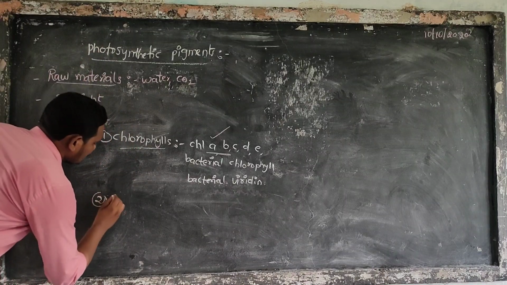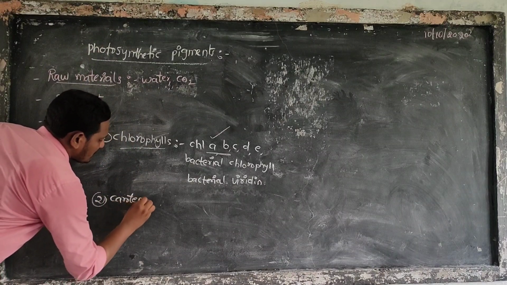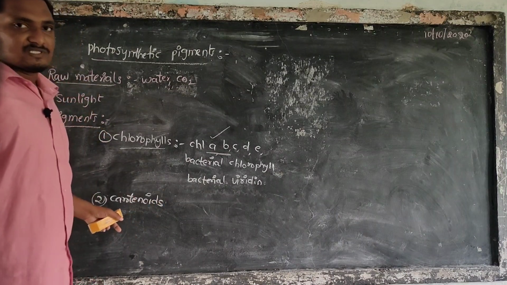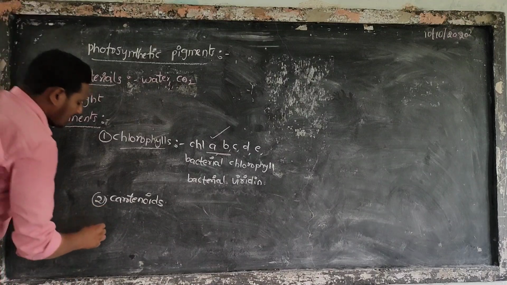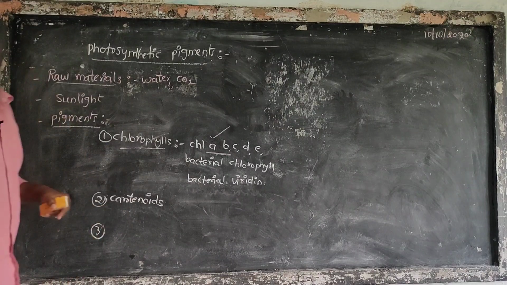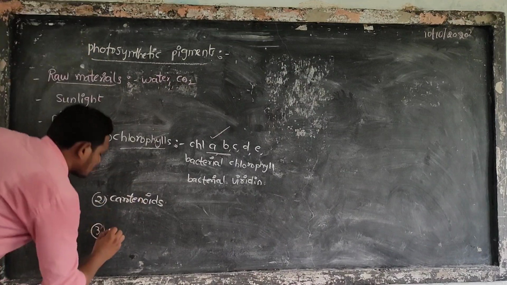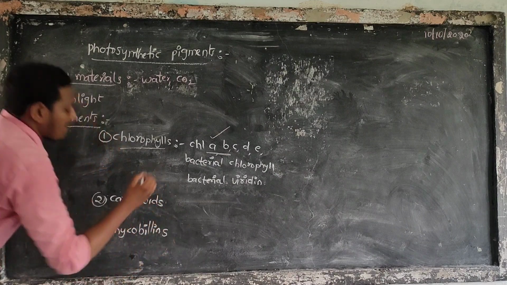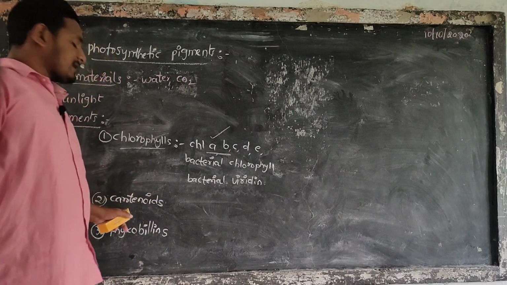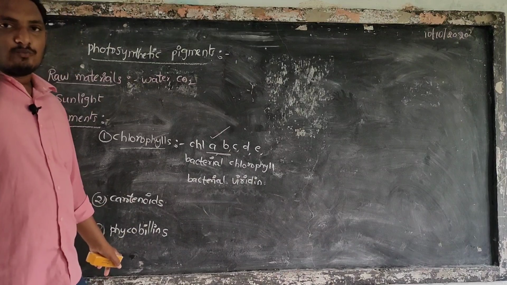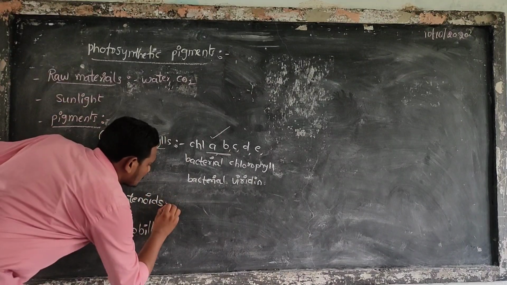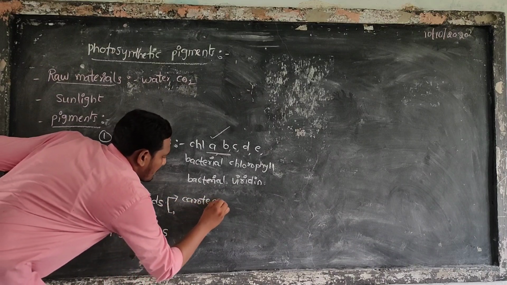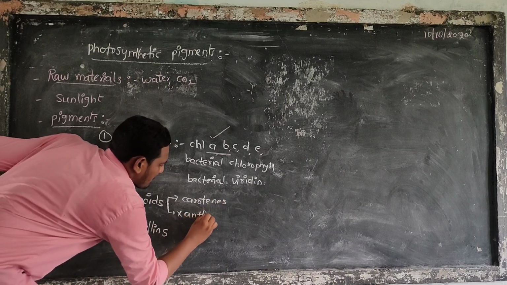Next, carotenoids. The second type of pigments for photosynthesis is carotenoids, and the third type is phycobilins. So, chlorophylls, carotenoids, and phycobilins. Carotenoids are of two types: carotenes and xanthophylls.